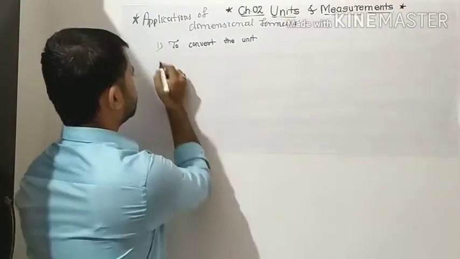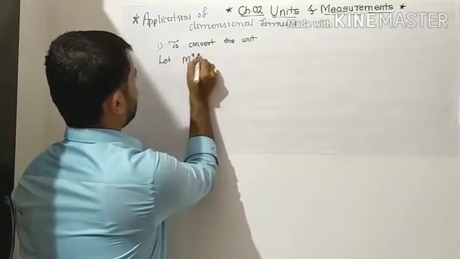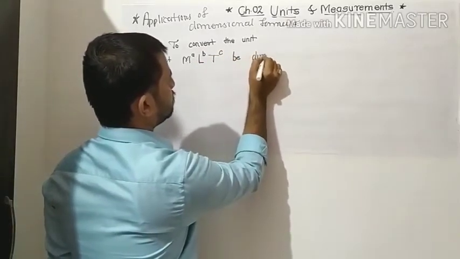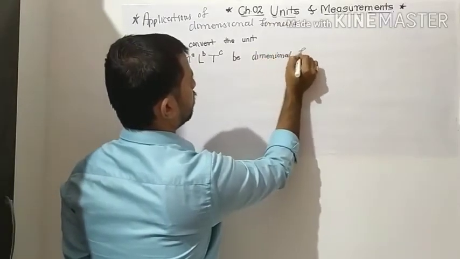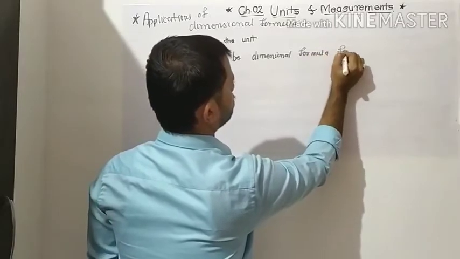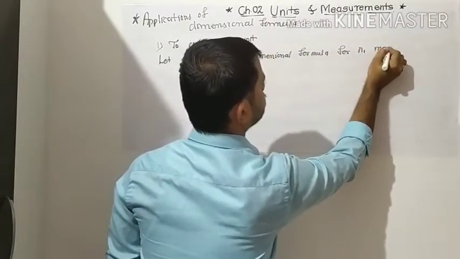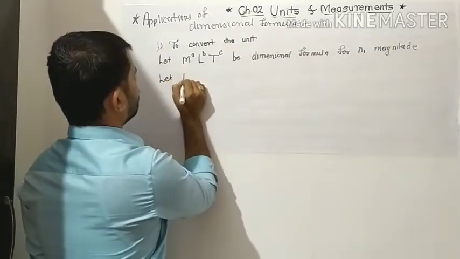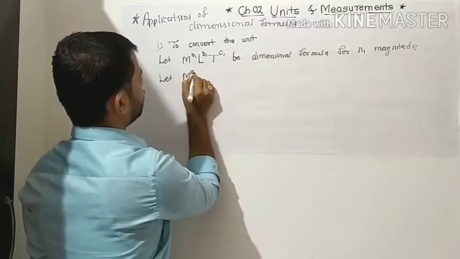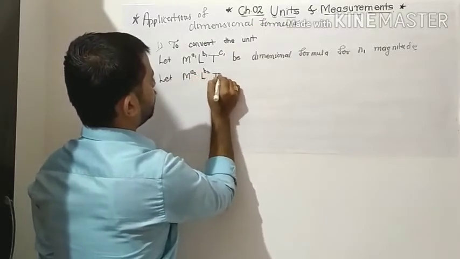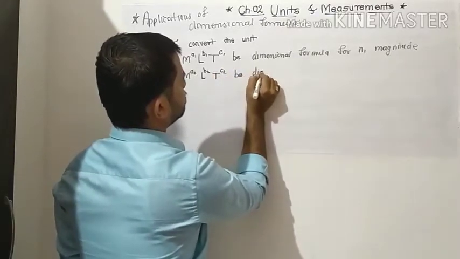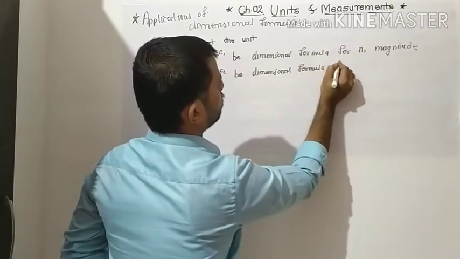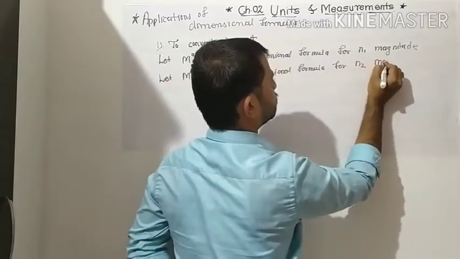Let M raised to a, L raised to b, T raised to c be the dimensional formula for magnitude n1. Let M raised to a2, L raised to b2, T raised to c2 be the dimensional formula for magnitude n2.